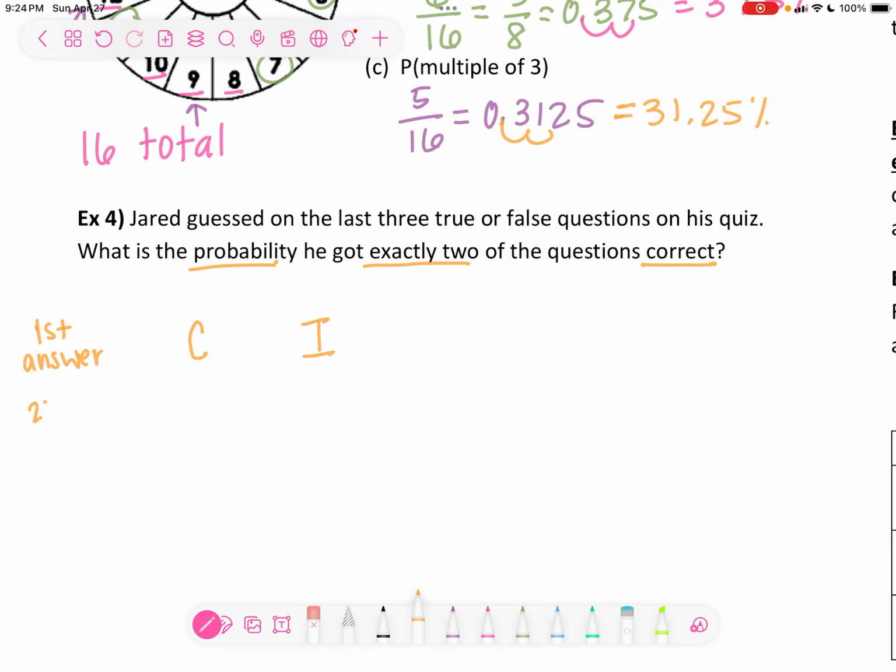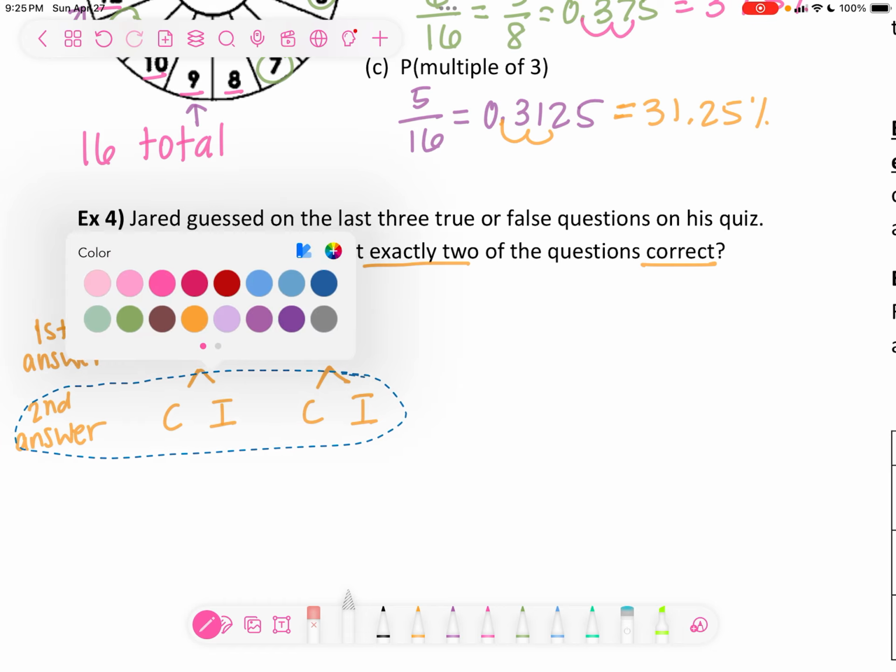His second answer that he gives, again, it's either incorrect or correct. But now we have to go off of what we had before. So under correct, it's either correct or incorrect. And same thing under incorrect, right? And that's for the second answer he gives. Actually, let me color code this just to show you guys. Okay, so that's going to be the second answer he gives, okay?